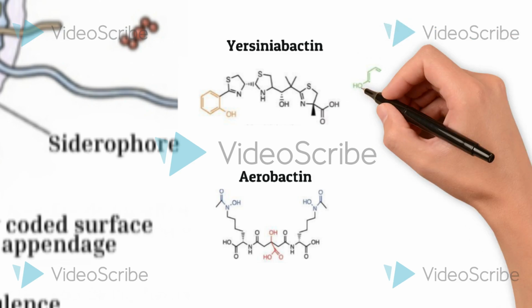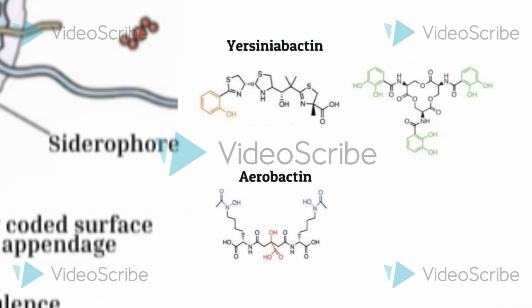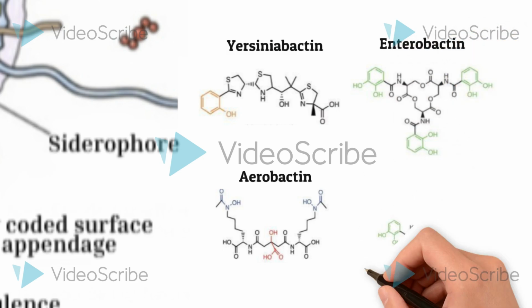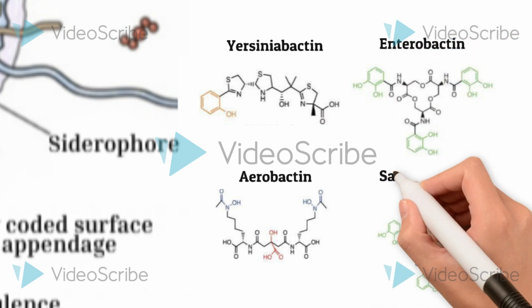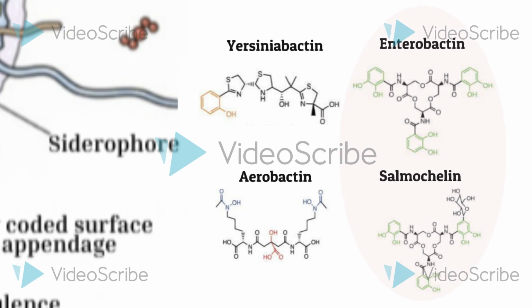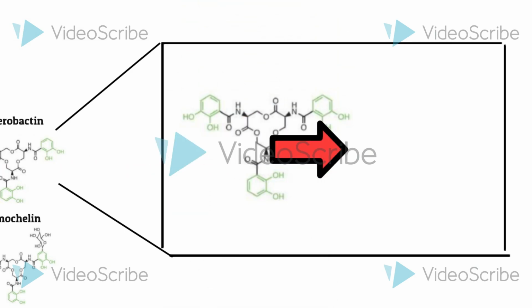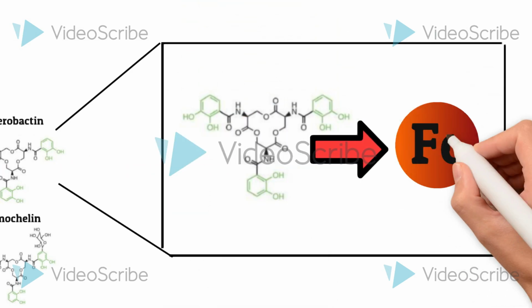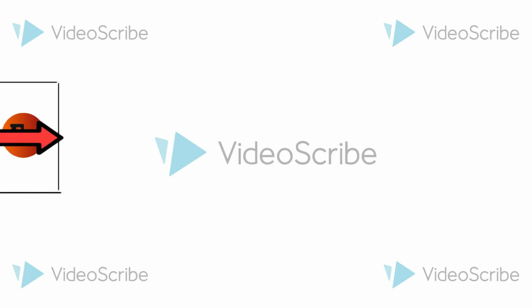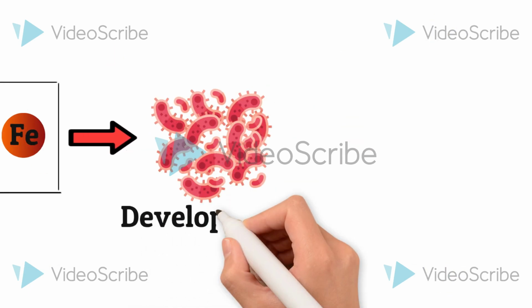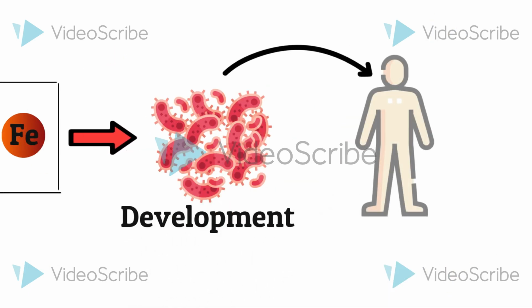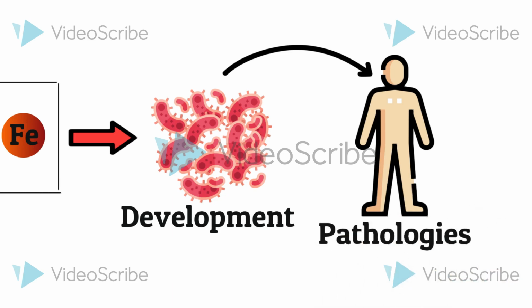It also produces Enterobactin and Salmochelin, which are catecholate type siderophores composed of three phenolic rings. Siderophores capture iron from the host, which facilitates the development of Klebsiella pneumoniae in each of the pathologies in which it is involved.